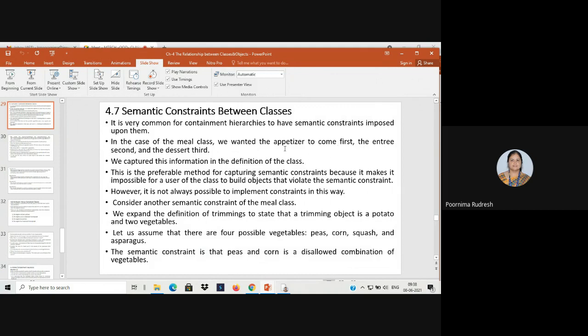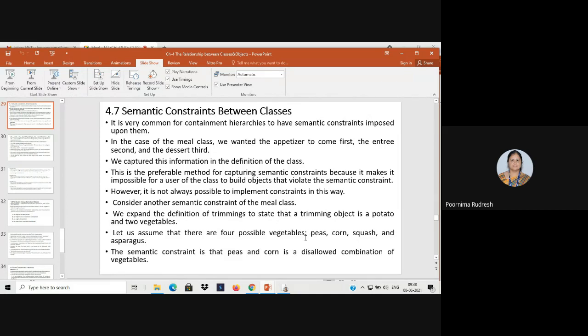Means first we want the appetizer, then the entry, and the dessert afterwards, right? But it is not possible to capture the constraints always in the same manner, because if you want to change the objects in the different classes, then capturing the constraints changes, right?